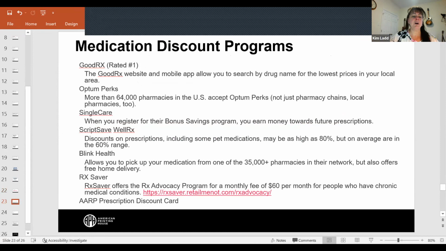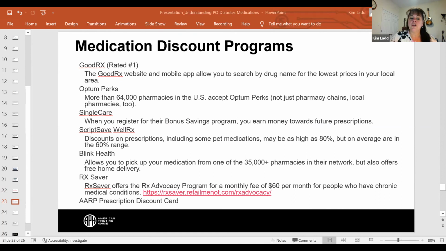Some other information that I have on the handout are medication discount programs. These are things like GoodRx, Optum Perks, SingleCare, ScriptSave WellRx, Blink Health, RxSaver, and AARP prescription discount cards. They all have slightly different guidelines and what you get out of them.